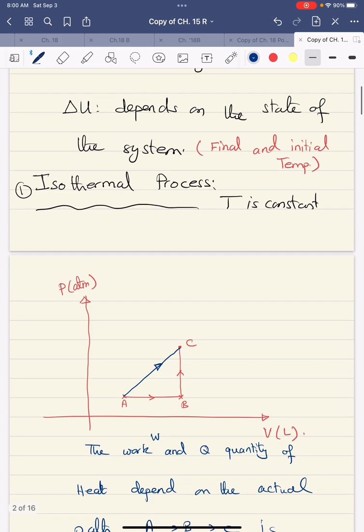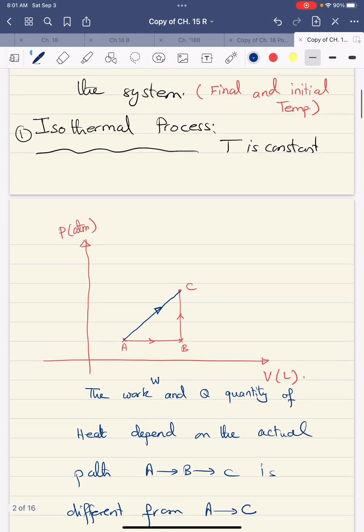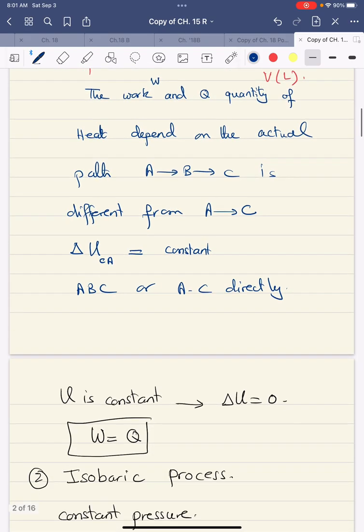Now, I'm going to define a kind of processes that we are going to have familiarity with, and I will say they serve as keywords. The first one is the isothermal process.